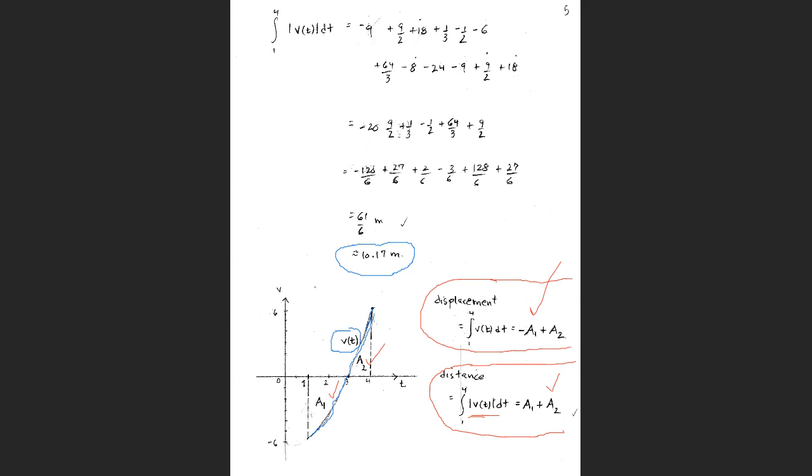There are a lot of examples in the book where they talk about applications. We did a velocity application here, but we can interpret the net change theorem or the evaluation theorem in terms of many applications. Chemistry, cost, the rate of growth of a population.